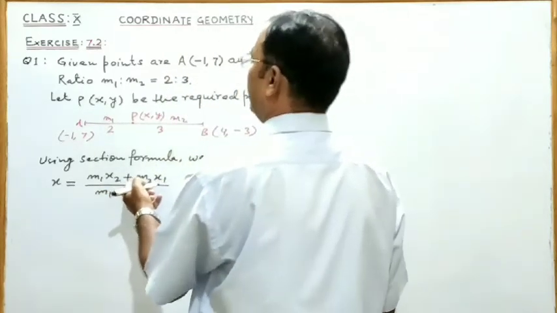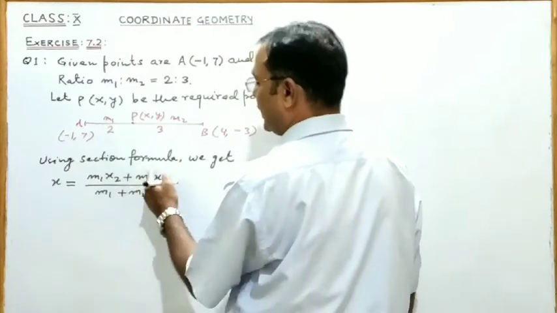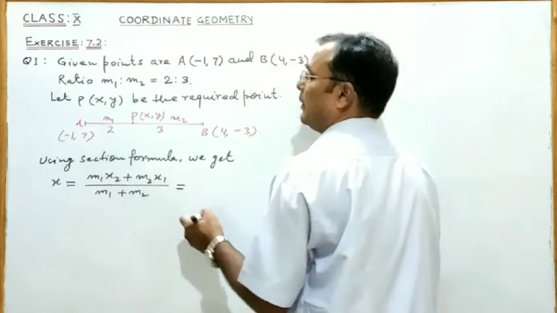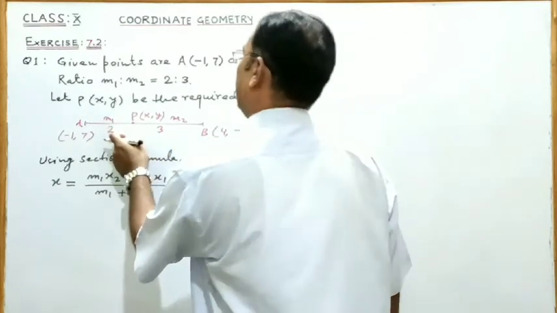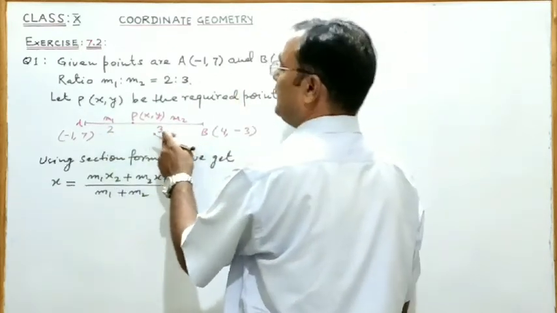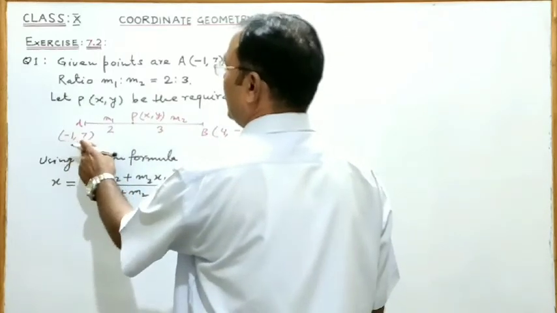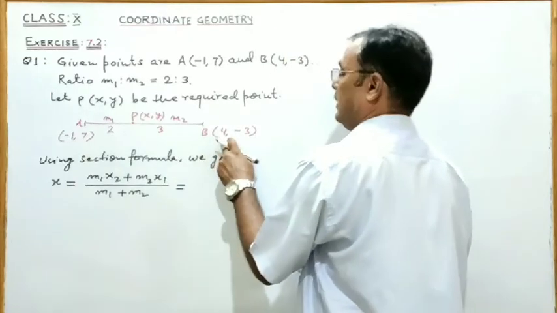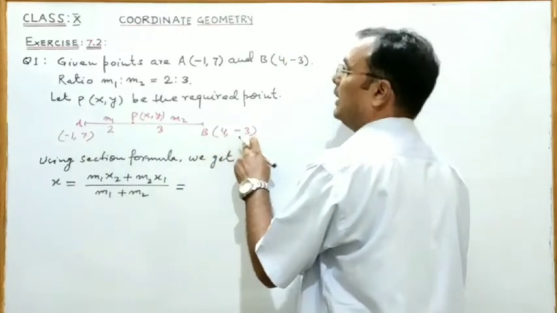Let us put the values of m1, m2 and x1, x2 here in this formula. m1 is 2, m2 is 3, x1 is -1, y1 is 7, x2 is 4, y2 is -3.